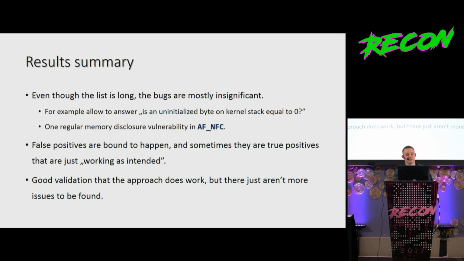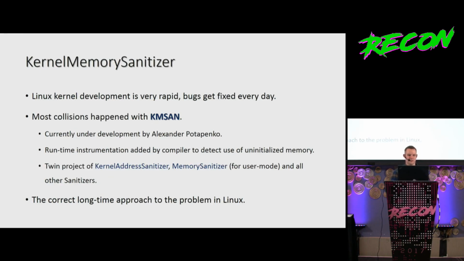There are some false positives, but it's not so bad, and sometimes there are true positives that are just working as intended, for example, when an uninitialized value is bitwise ANDed with 0. But it was a good validation that this approach works, and you can actually also discover normal use of uninitialized memory in the kernel with this approach.